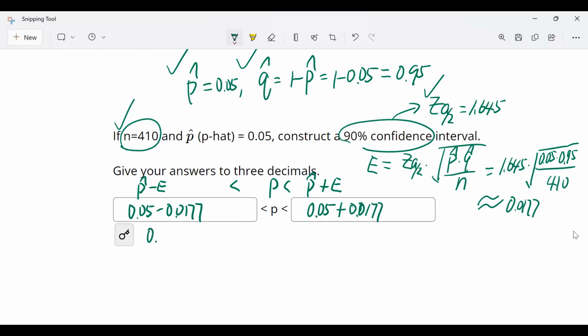So the difference here is 0.0323. The other one is 0.0677. So p is between these two numbers: 0.0323 and 0.0677.